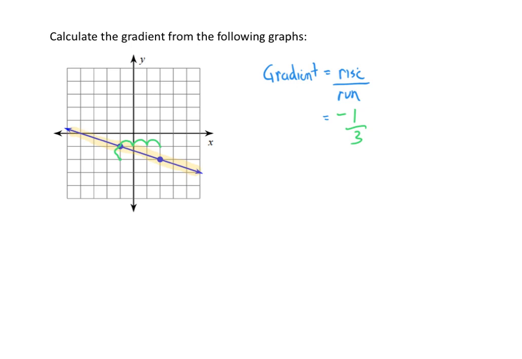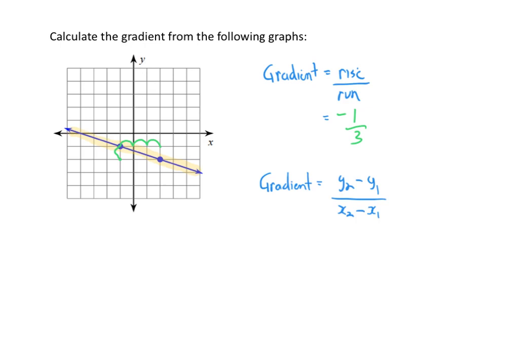Now I can also use the second formula to calculate the gradient. So gradient is going to equal y2 minus y1 over x2 minus x1. Now before I can use that formula, I need to identify what my points are that I've selected.